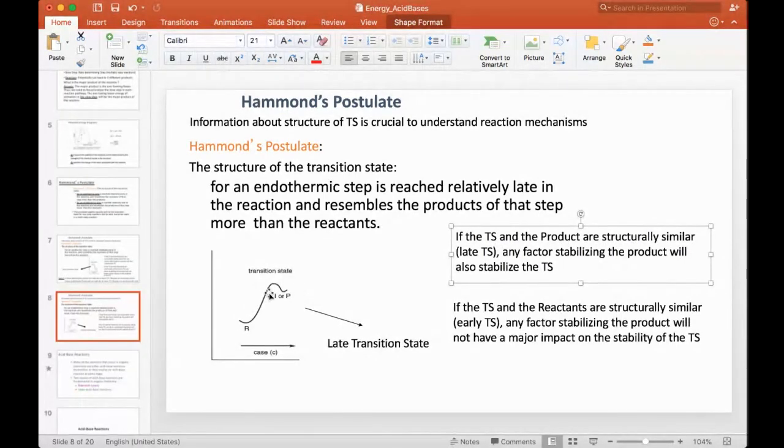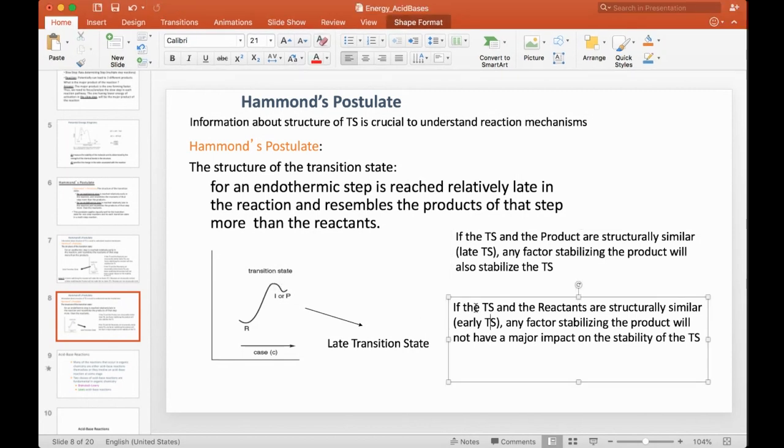Once again, endothermic, transition state here closer to the product in energy, meaning that these two are structurally similar. If they're structurally similar, any factor stabilizing the product will also stabilize the transition state.